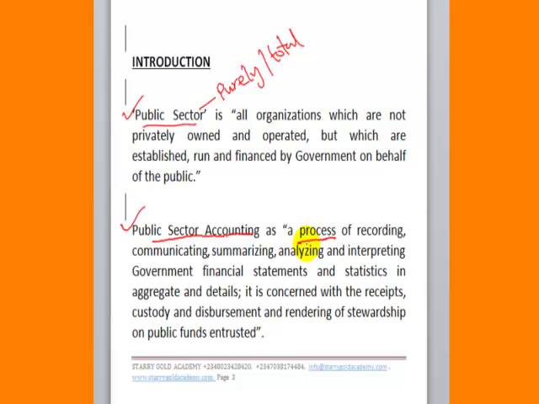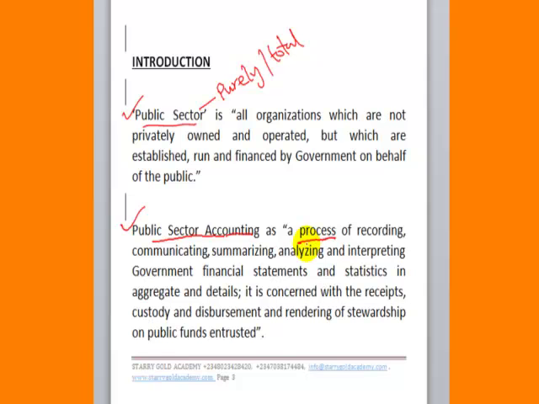This is what we call analyzing the information. Then you summarize it so that we can know how much in total you have collected. Has that money been paid into the bank? How many people paid the highest? That is what we call summarizing.